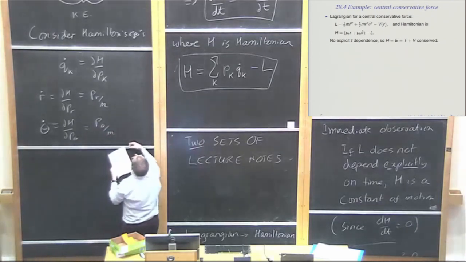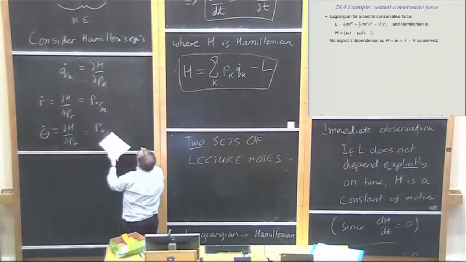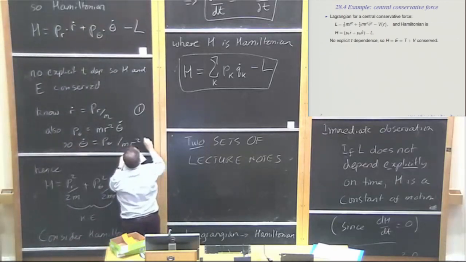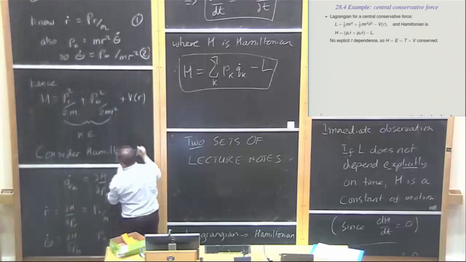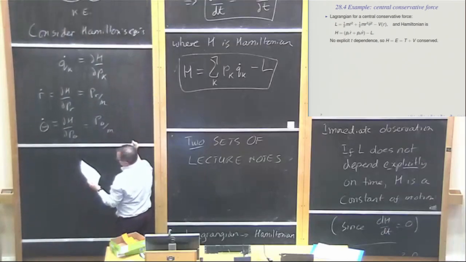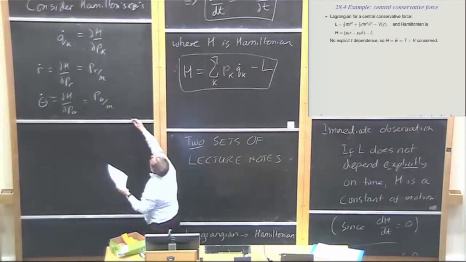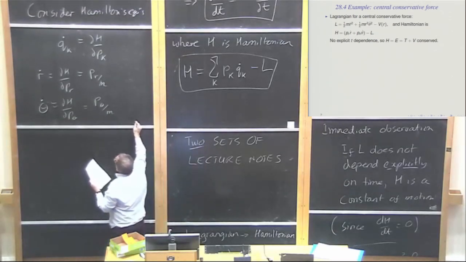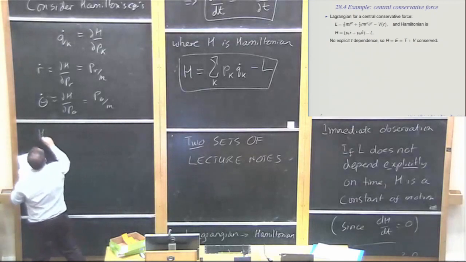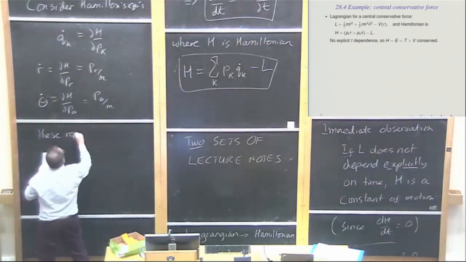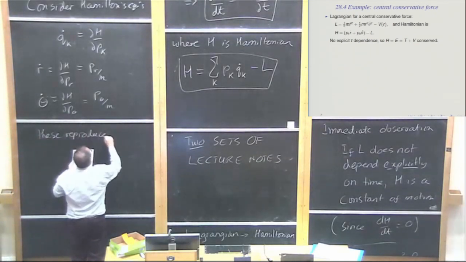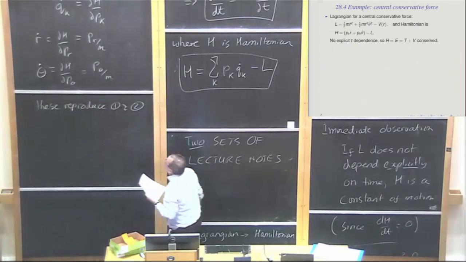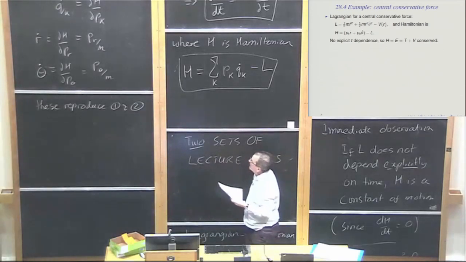Okay, so let me give these a number, 1 and 2. So these just reproduce 1 and 2. Okay, so this is not very exciting, but it's good to see that the information is there.